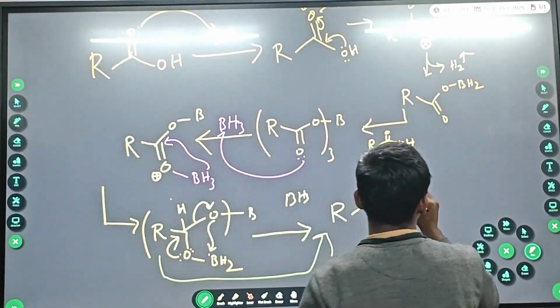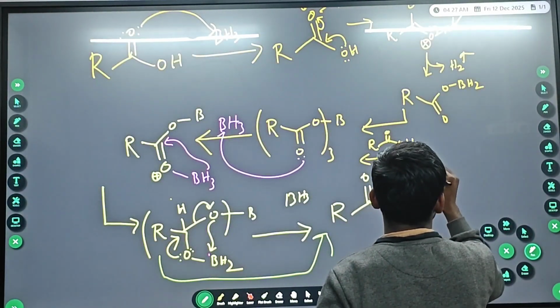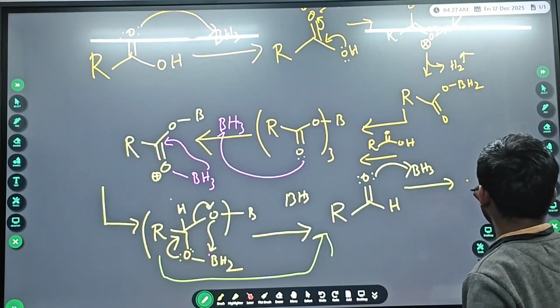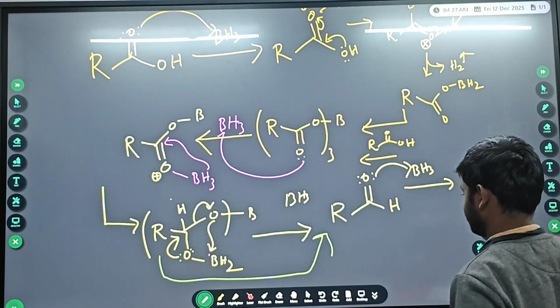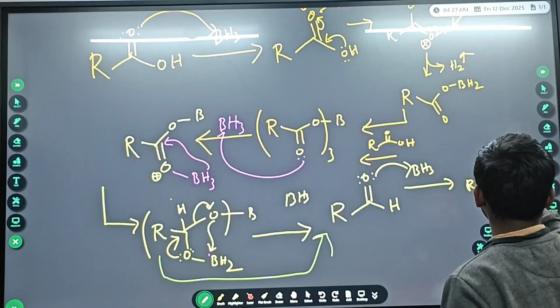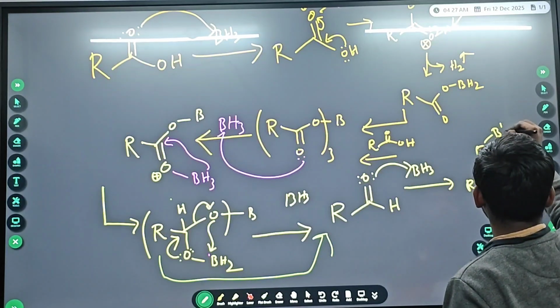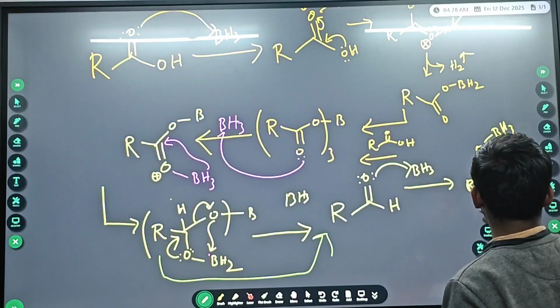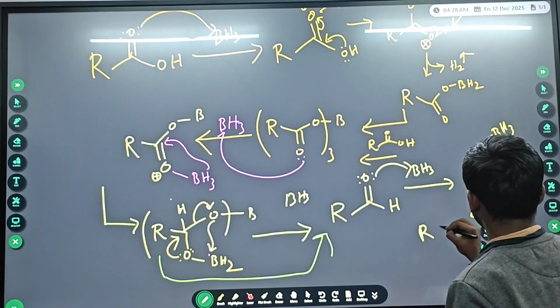As usual, the reaction goes that way: the oxygen will coordinate to the boron, to BH3. So this will produce the hydride and attack the carbonyl center.